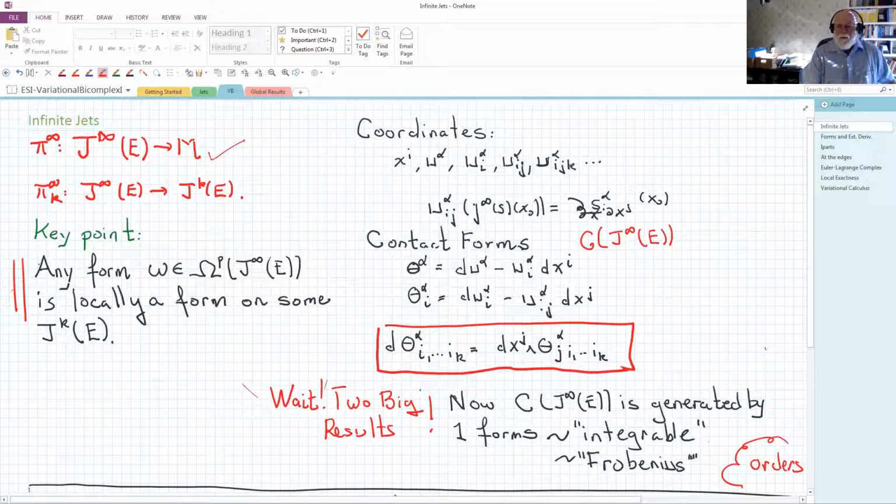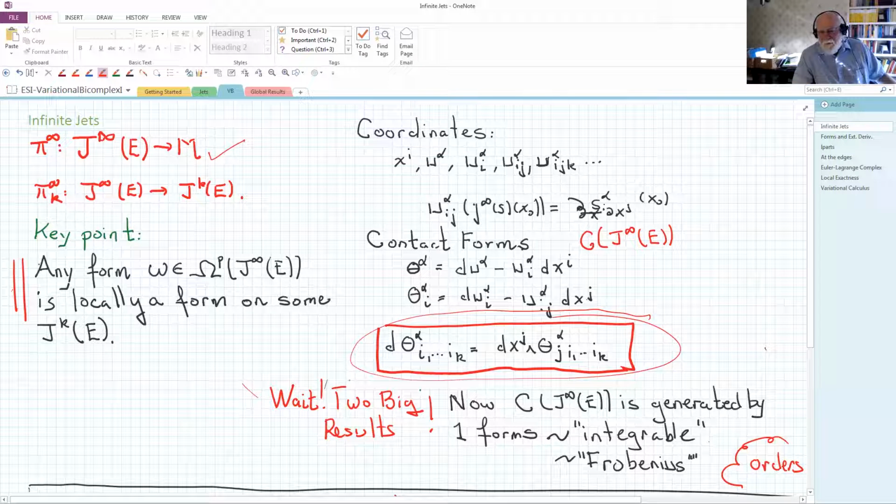Something happens that's very interesting when we go to the infinite jet space. Here are my contact forms, du^α, u^α_I dx^i, du^α_I minus the second derivatives. Here are the structure equations now for the contact forms on jet space. Since I don't truncate the orders, something big happens.